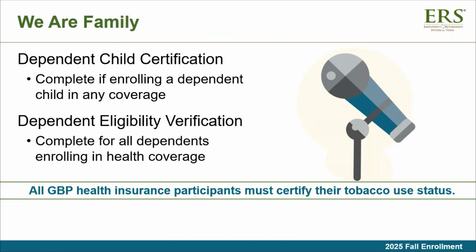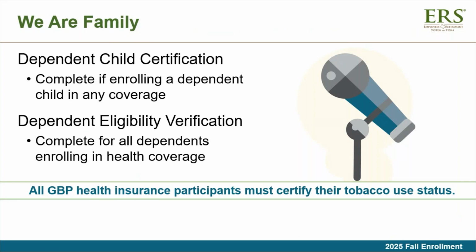So it's just a click of a button when you go online to add them onto any of your insurance, regardless of whether it's just medical or you're adding them onto just dental or vision or even the dependent life insurance. So they can't be added onto your coverage until you complete that dependent child certification, which again is just a click of a button.